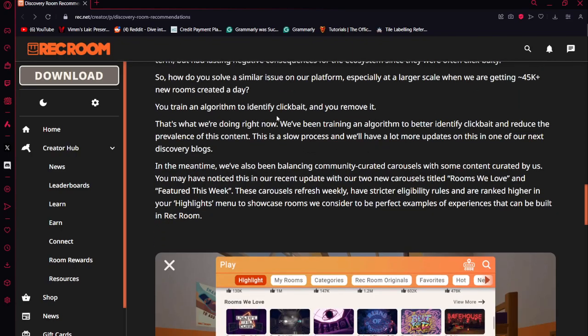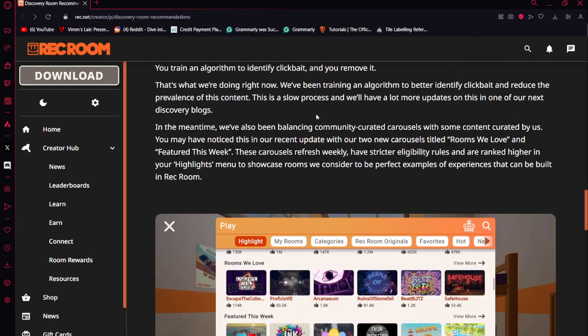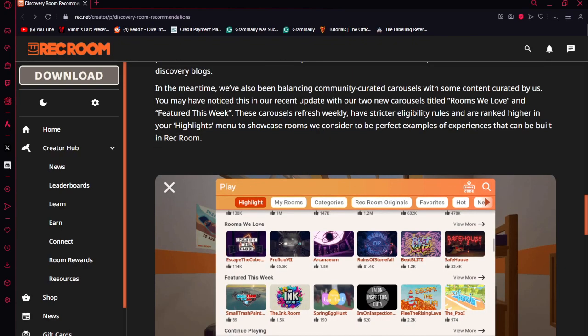Train an algorithm to identify clickbait and remove it. Okay, identify clickbait and reduce the prevalence of this content. Slow process, we'll have more updates in our next blog. Balancing community curated carousels with some content curated by us, which is nice.